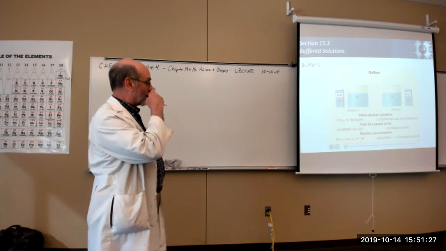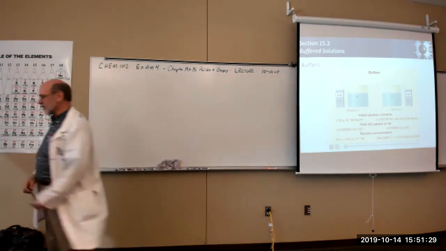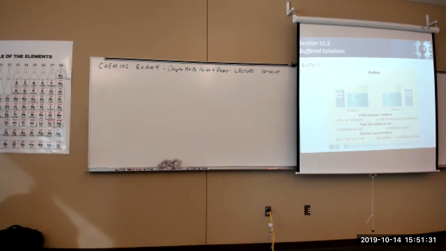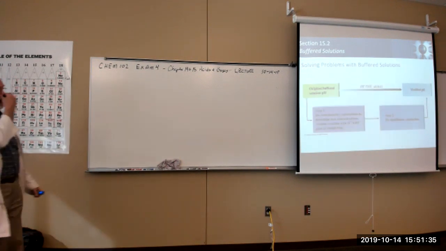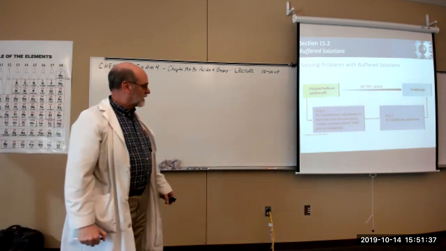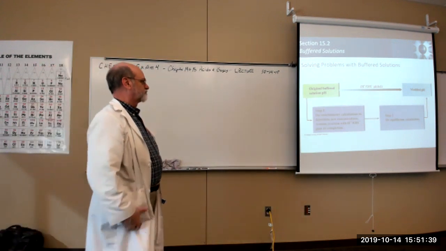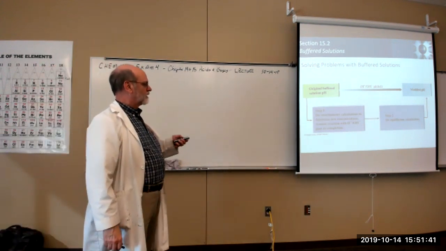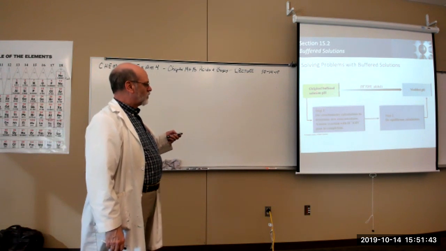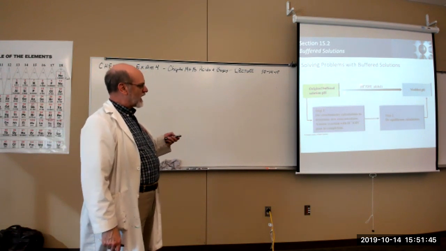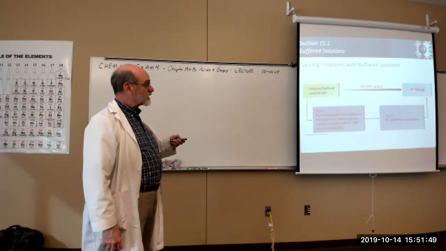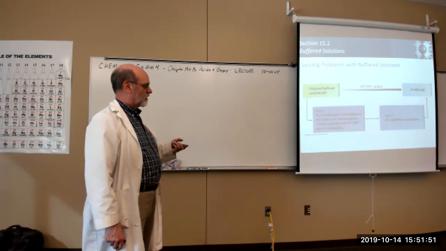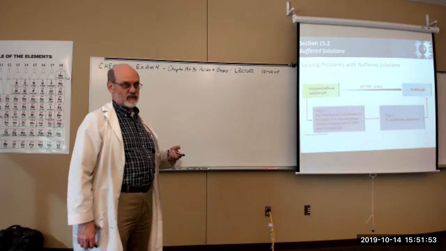Now I'm going to show you how that works in a minute. I guess I have to retake control. There we go. So, when we have a buffer solution and we add either hydrogen ions or hydroxyl ions, the pH hasn't changed very much.